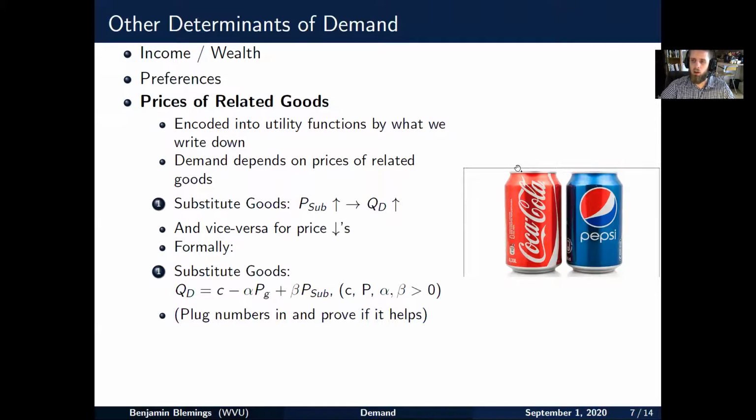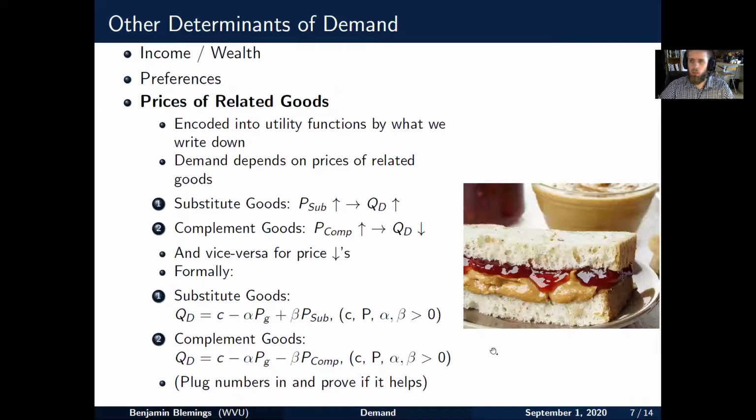And if Coke gets too expensive, then you can just have a pretty similar product in Pepsi. And you can see that in this demand function for, say, Pepsi, where if the price of Pepsi goes up, then the quantity demanded of Pepsi will go down because of this minus sign right here. And if the price of the Coca-Cola substitute goes up, then the quantity demanded of Pepsi will also go up.